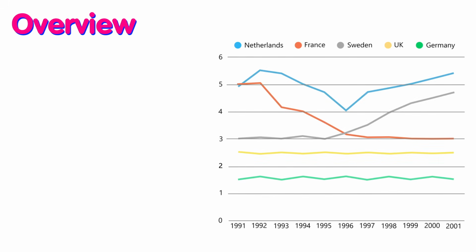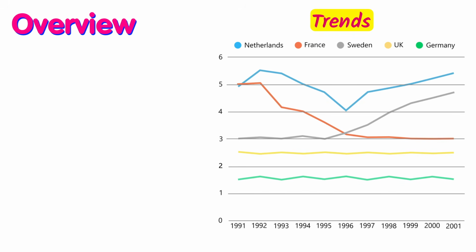Now, we are going to write about the most striking feature of this graph, which is our overview paragraph. Guys, I'm going to help you here, and every time when you want to write about striking feature of a line graph, you can write about the trend.